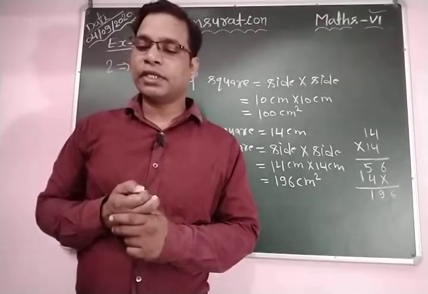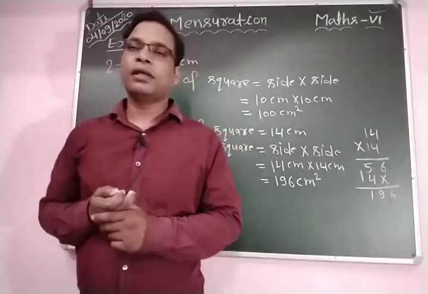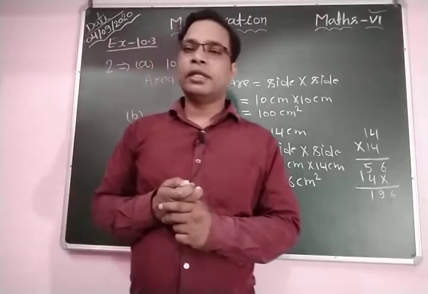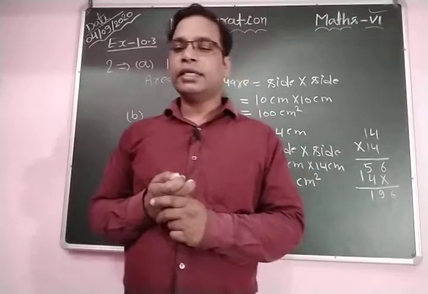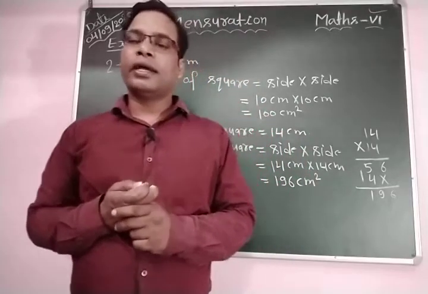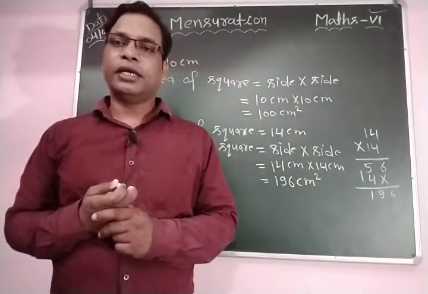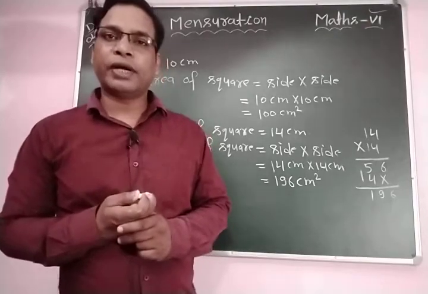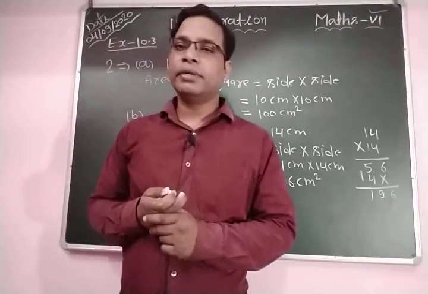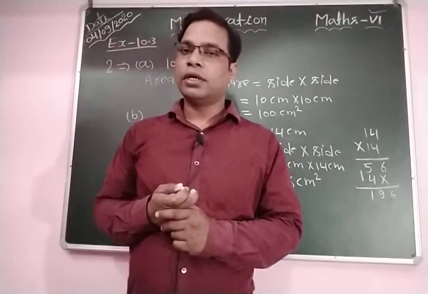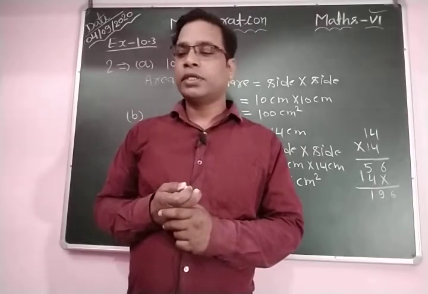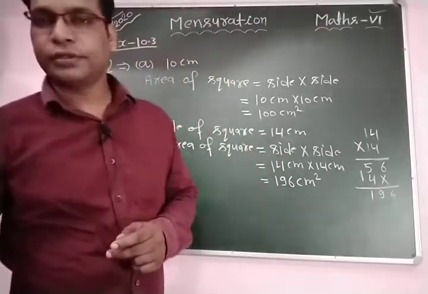Find the width of the garden. So here we have the length of the rectangular garden as 50 meter and the area as 300 square meter. We need to find the width, or you can say breadth, of the rectangular garden. So let's see how to do it.